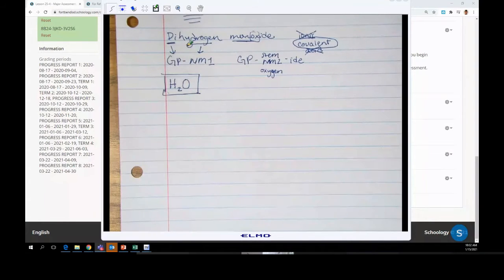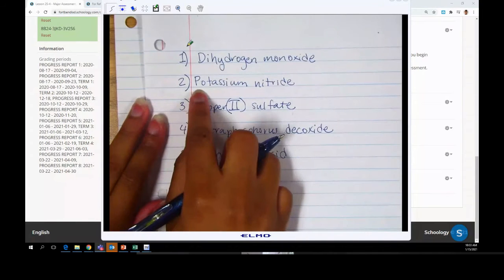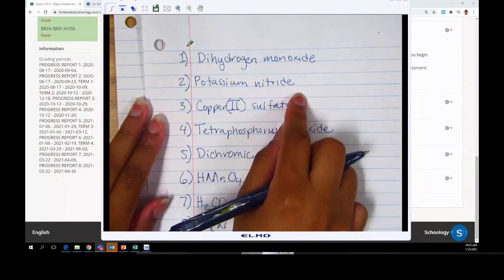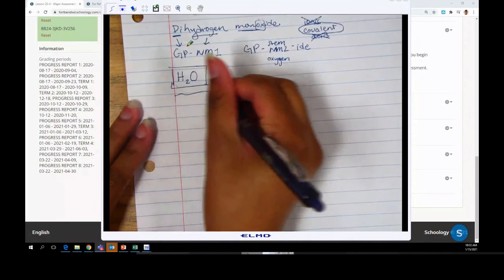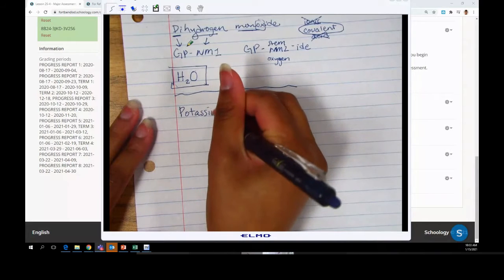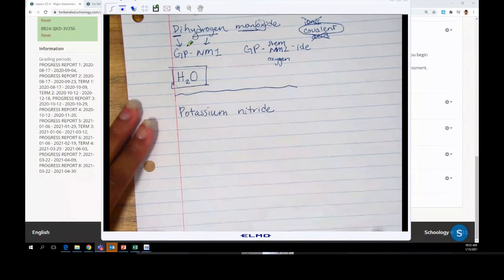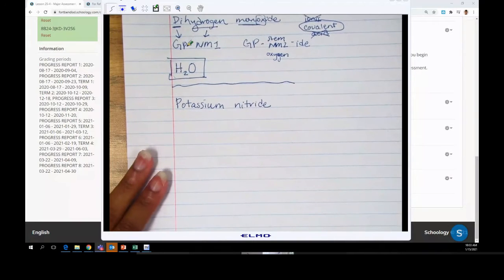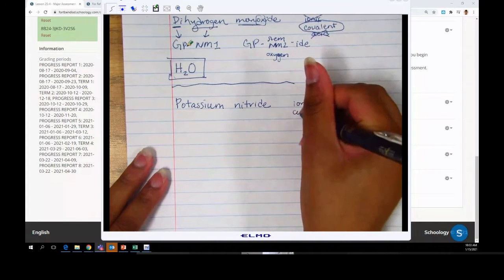Let's see, the next one that we have on our list is potassium nitride. So the first thing, of course, we've got to ask ourselves is: is it ionic?